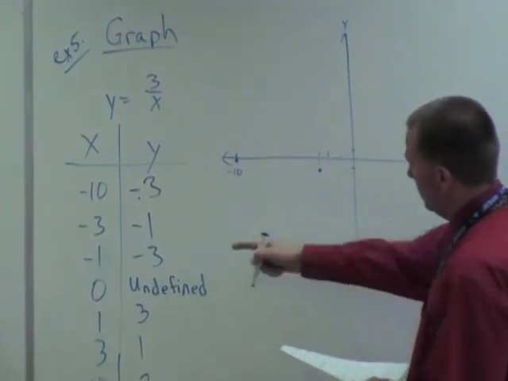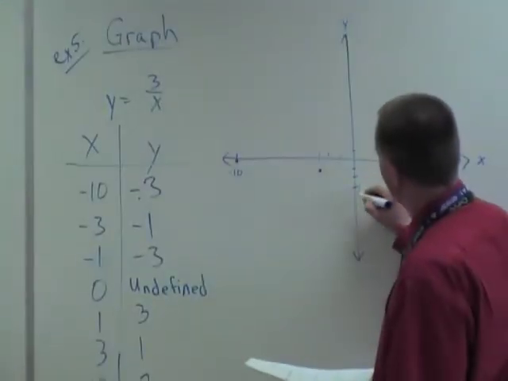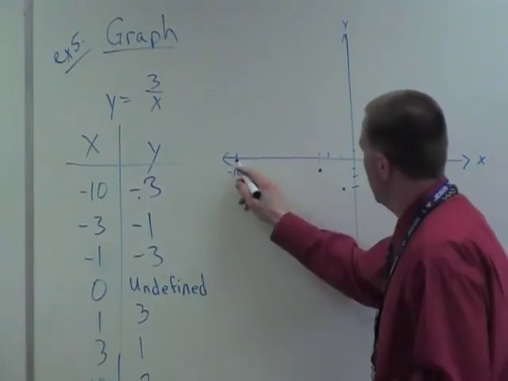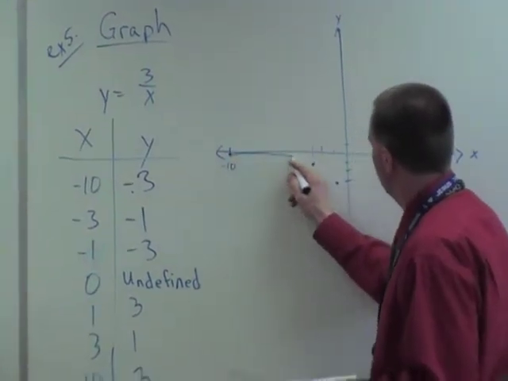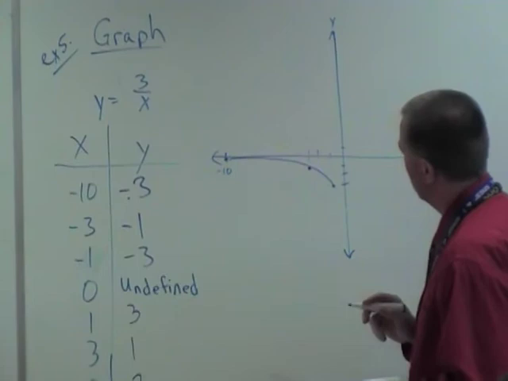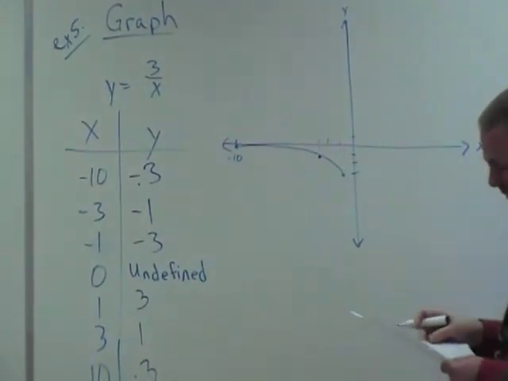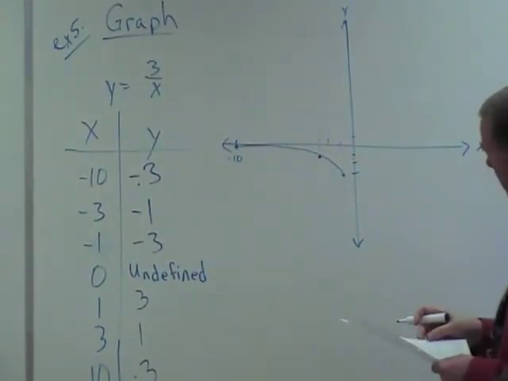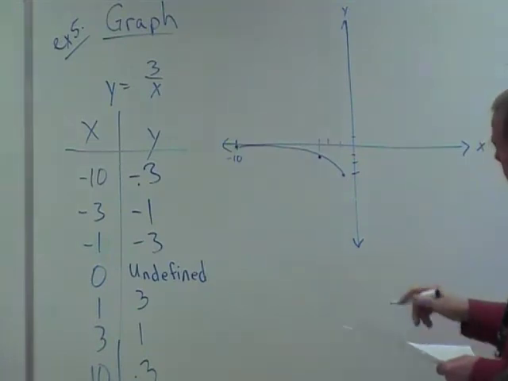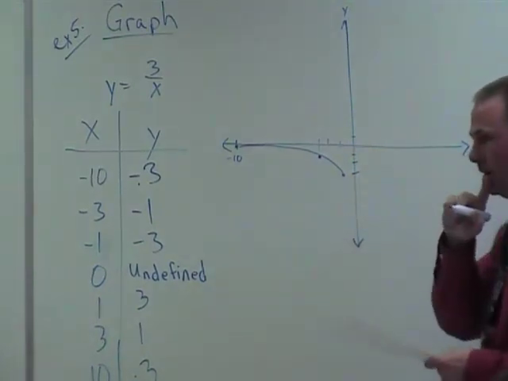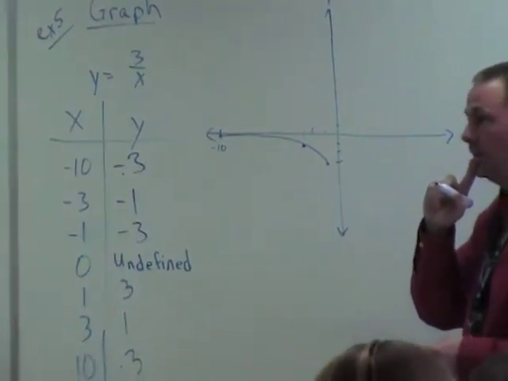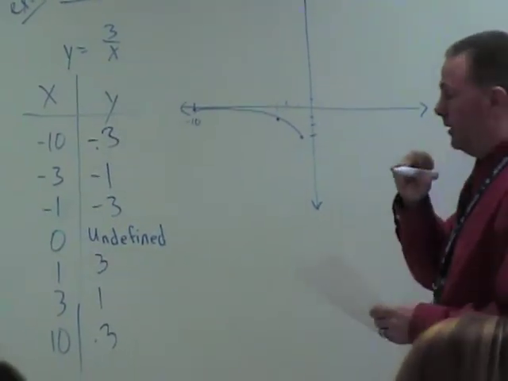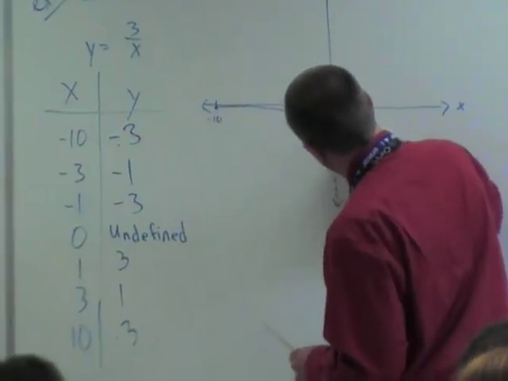At -1, we have -3. So right here, you see a curve. And then it jumps, at 0 we have something undefined. Means it cannot touch it. This is what we call an asymptote.